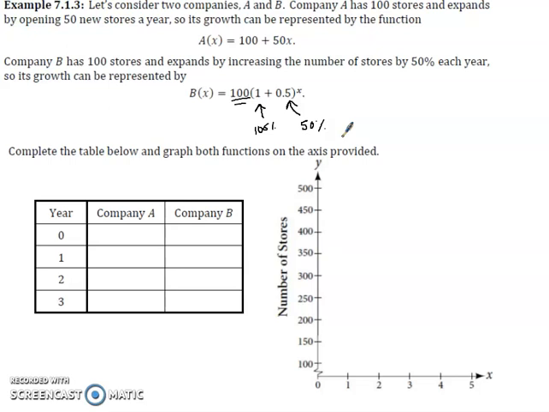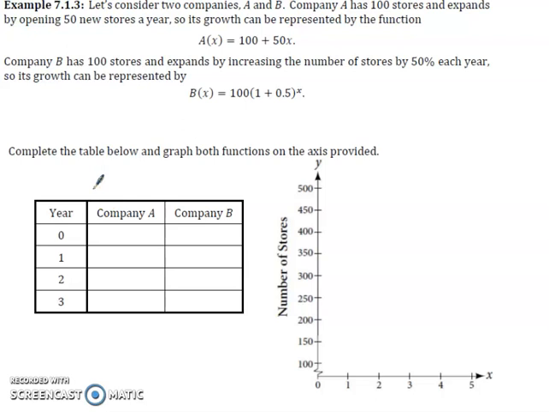And we raise that to the power of x because we repeat this every year. At the end of the next year, we multiply by 150% again. At the end of the next year, we multiply by 150% of what we had, and so on and so forth. So we're going to complete the table and graph both functions on the axes that are provided here.